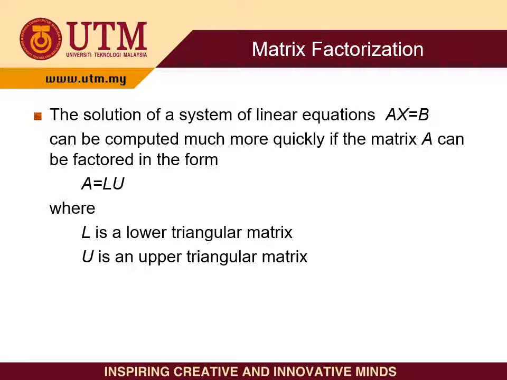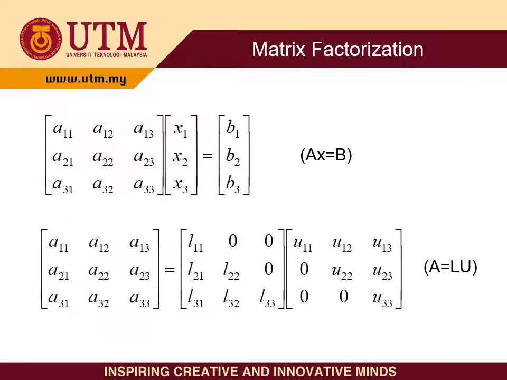Now we come to matrix factorization. The solution of a system of linear equations Ax equals b that we have done before can be computed much more quickly if matrix A can be factored in the form of LU. A equals LU, where L is a lower triangular matrix and U is an upper triangular matrix.